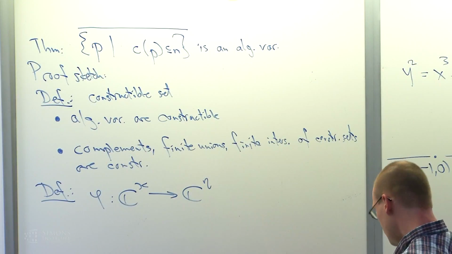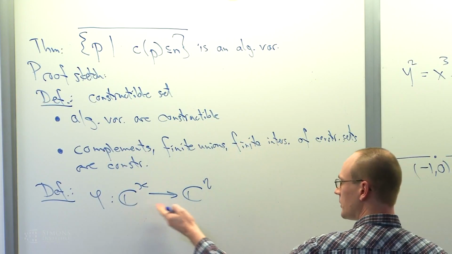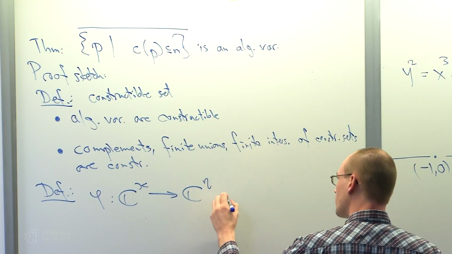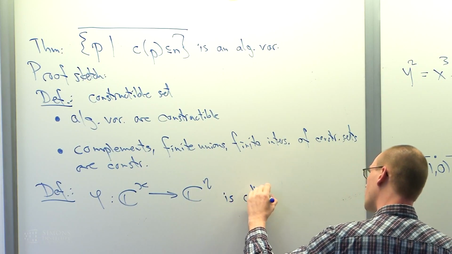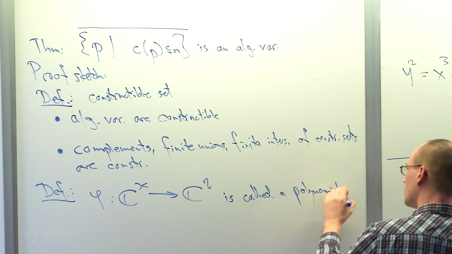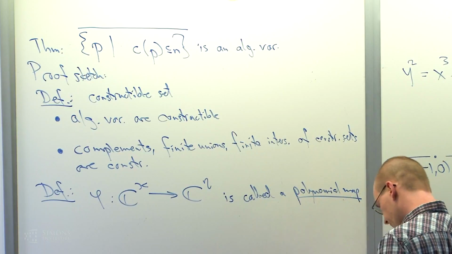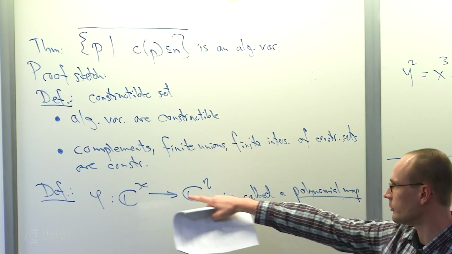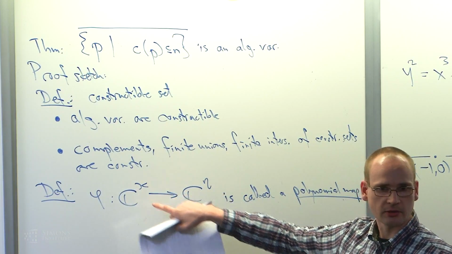So I have some map here, and it should be a so-called polynomial map. It's called a polynomial map if each of these eta target functions is a polynomial in the kappa many variables here.